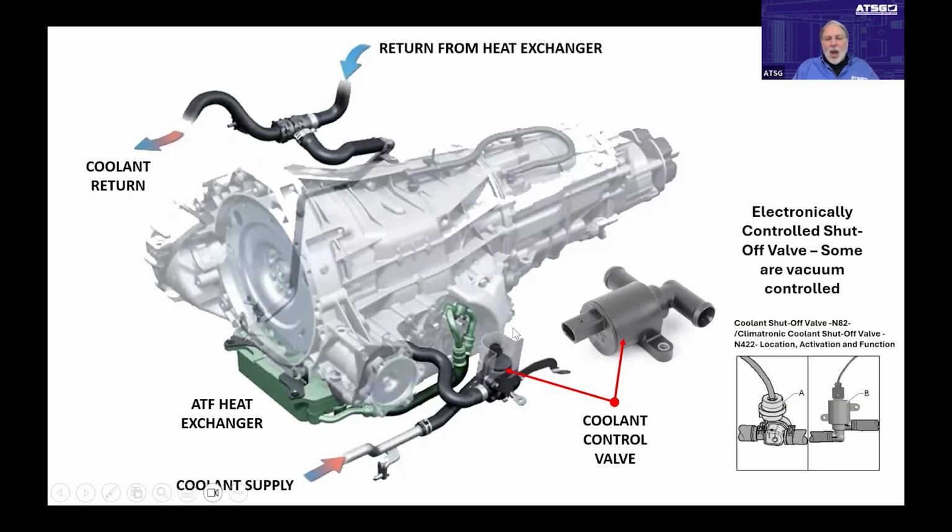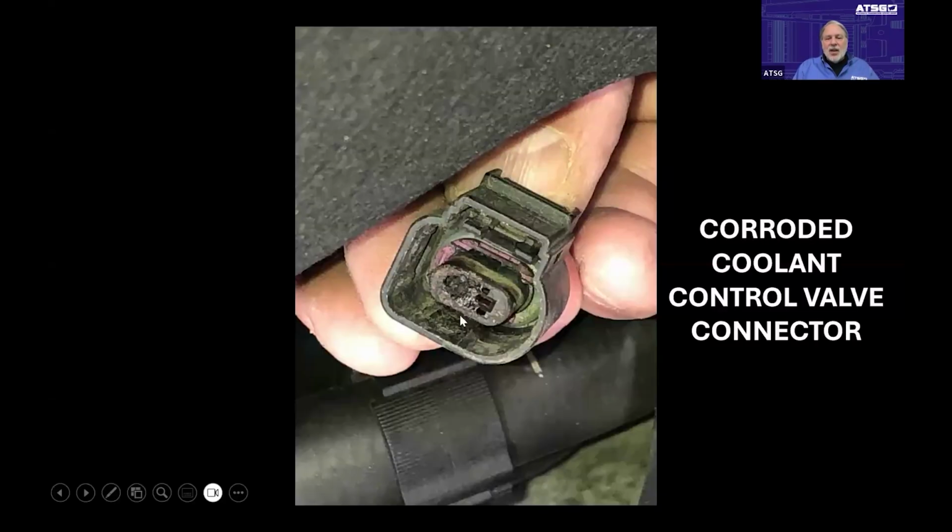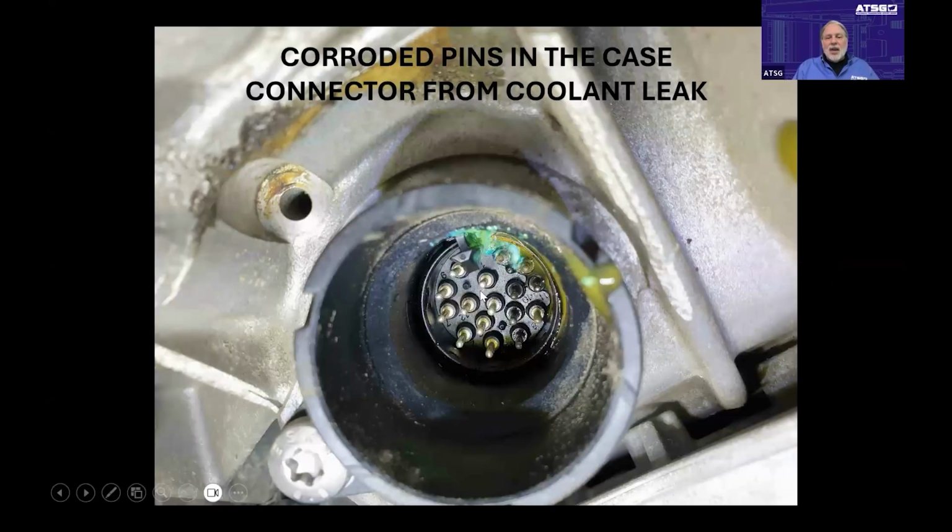Right in this area is where the pass-through connector for the TCM is located. Sometimes these coolant control valves leak, and then the connectors get corroded. This plugs into the coolant control valve, but then it can load up inside the transmission. And look at where it's at, right where terminal 16 is located. So this could be one reason why we lost that center core when we pulled the connector out.